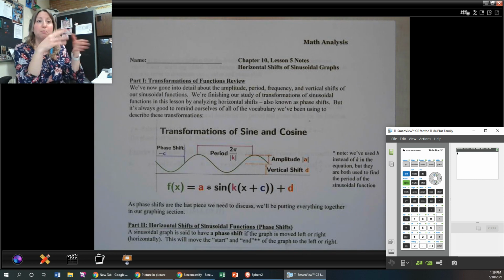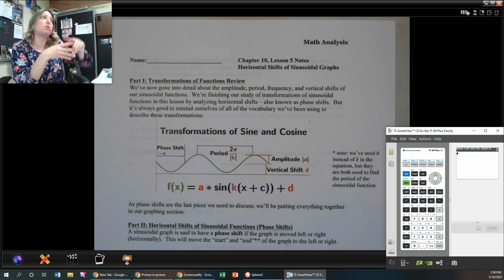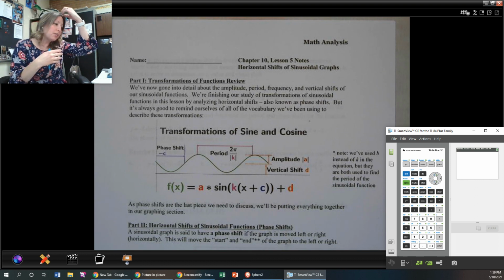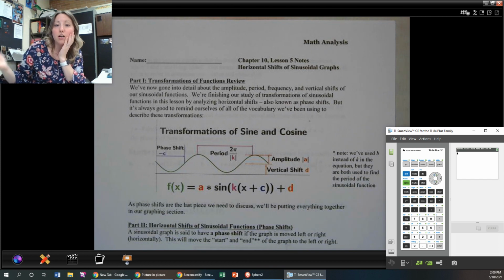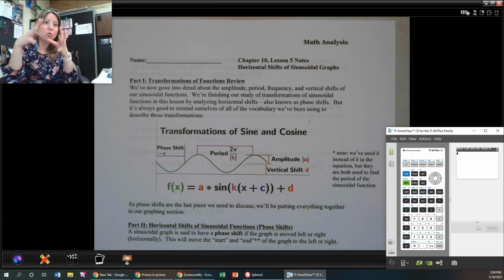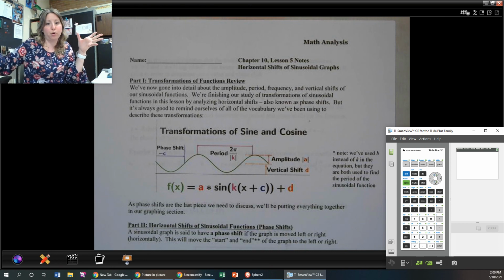So if you've got an x minus C, that's when you move to the right C. And if you've got an x plus C, that's when you move to the left C. Now, the nice thing is because both of these are infinite cycles, once you've figured out where things should be, you can continue that cycle going through.